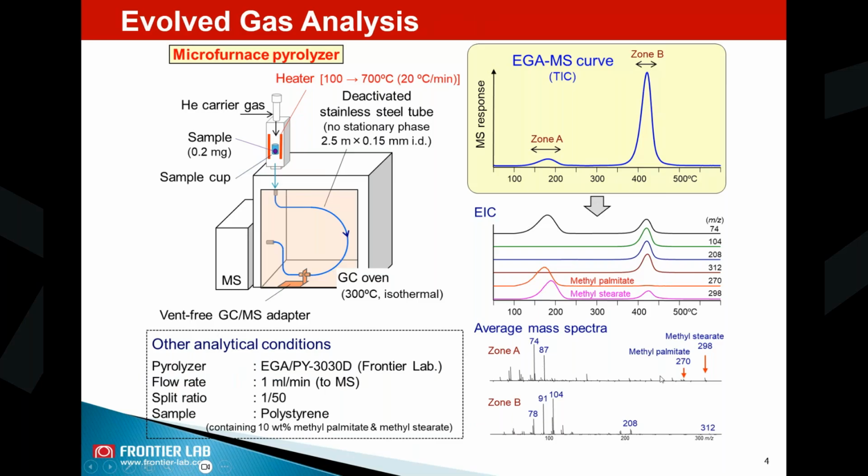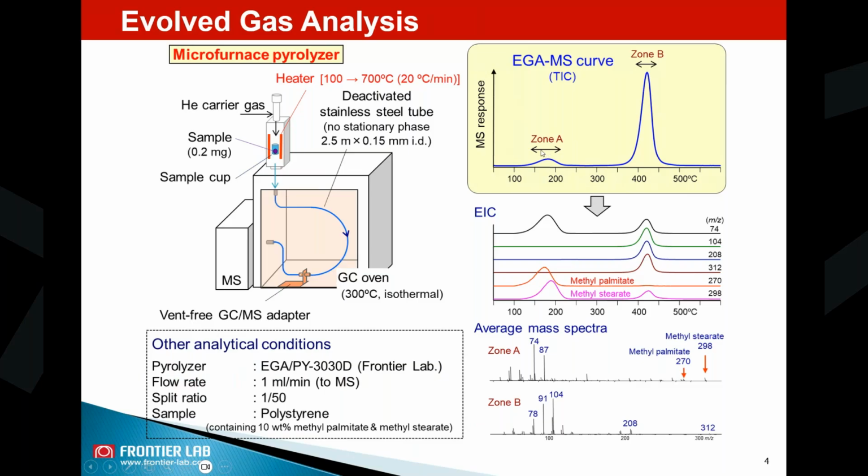Okay, so this is the difference that you get from the EGA-MS compared to TGA, because in TGA what you get is basically only the peak top temperature, and you also understand the amount of volatile and additive compounds present based on the peak height of the additive zone or the volatile zone.